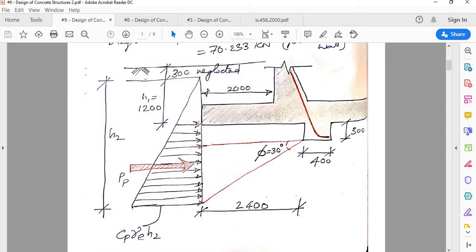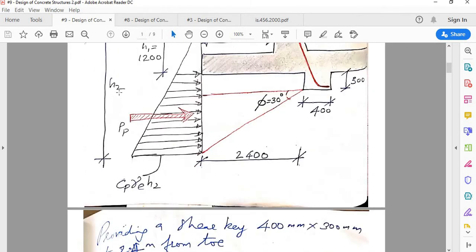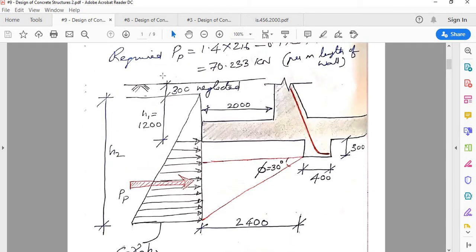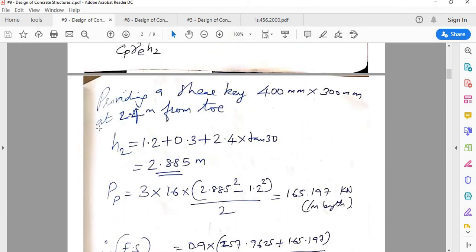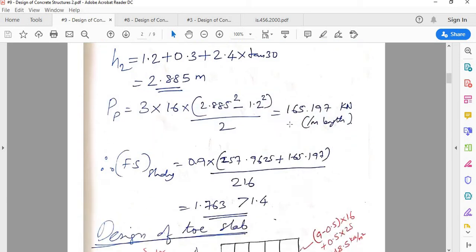So the net passive earth pressure is from this portion. You can calculate the area of the triangle, for which first you have to calculate H2. Again remember, the 300 mm topsoil we neglect. So you will get H2, based on which you can calculate passive earth pressure.